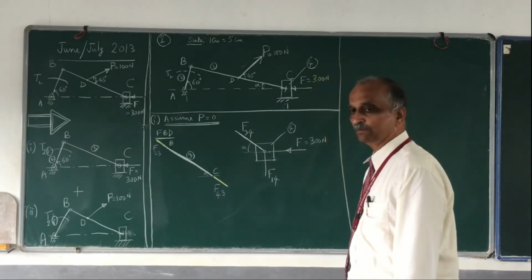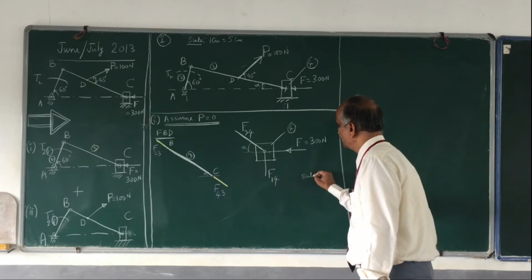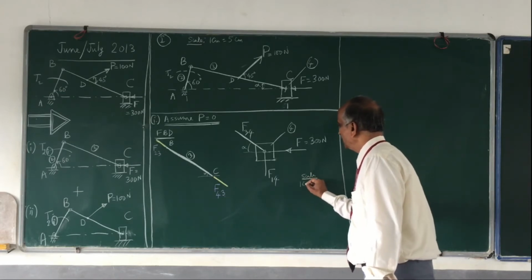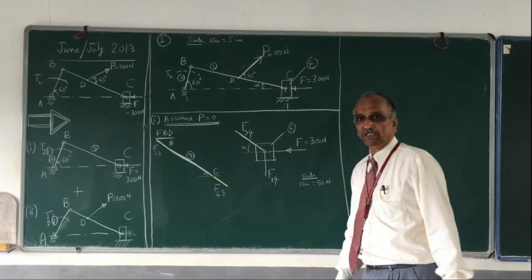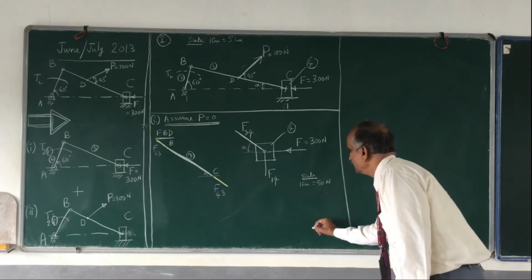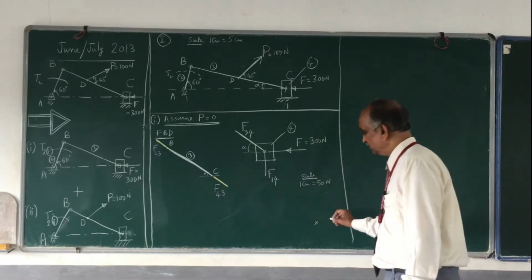The resultant force must be 0. Very simple. Now decide to draw the force polygon, say 1 centimeter equal to 50 Newton. Choose a point and draw F, 300 Newton. 300 divided by 50 is 6 centimeters.